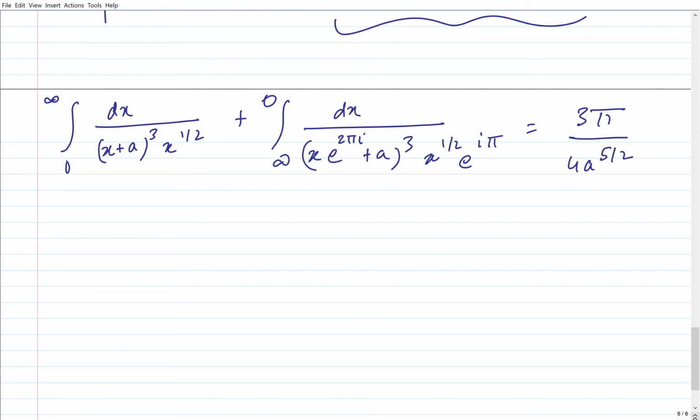So now it's good. I have the integral which I needed to evaluate, and well, I just solve it for these guys. This is 1, this comes out.